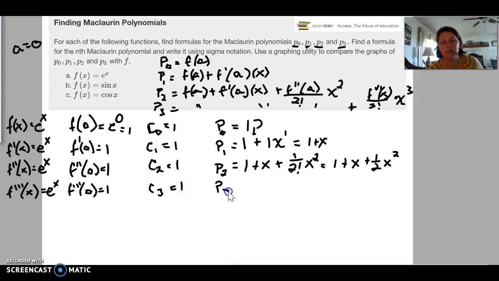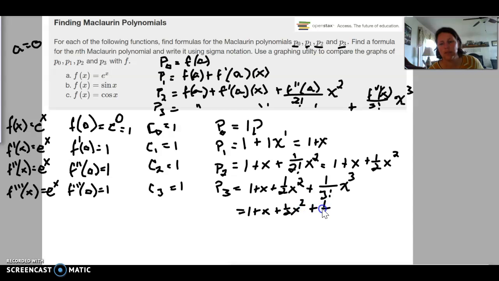And then p sub 3 is equal to everything that we previously had, plus our coefficient, which is 1 over 3 factorial this time, times x cubed. Let's rewrite that: 1 plus x plus 1/2 x squared plus 1/6 x cubed. And that would be our final answer.